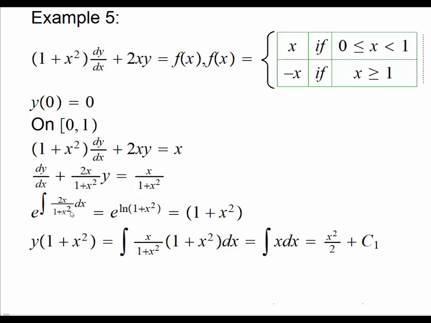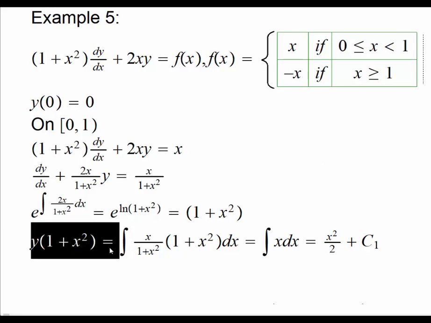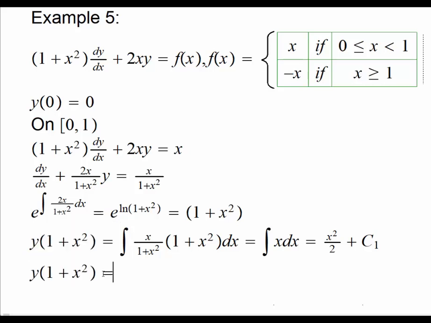So on the interval 0, 1, what we have is that y equals this value. Now, since when t is 0, your y equals what? y also equals 0, right?